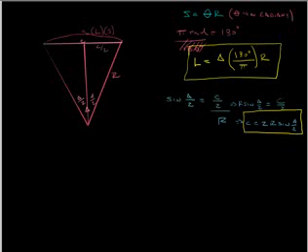Alright, now to get the tangent, solve for the tangent. Remember, the tangent is this distance up here. So how can we solve for that? Tangent is going to be opposite over adjacent.